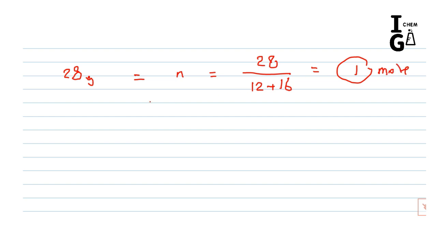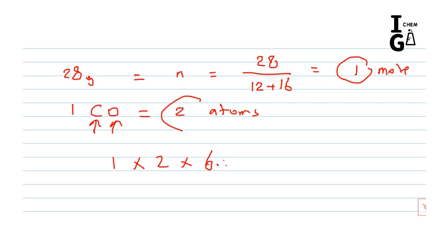What about the number of atoms, guys? For every 1 CO molecule, we have 2 atoms, 2 moles of atoms. One of this is carbon, another mole is oxygen. So to collect everything, the number of moles is 1, the number of atoms is 2, times Avogadro 6.02 times 10 to the power 23.